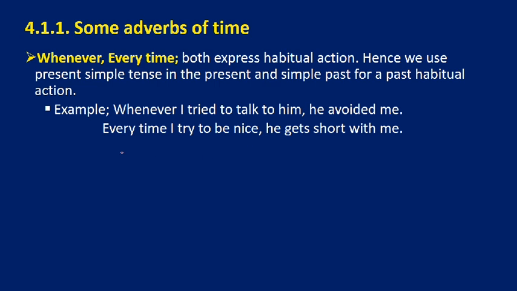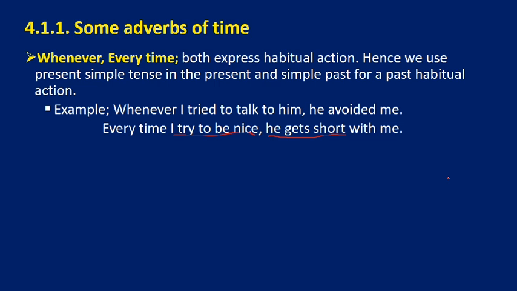And then we have: every time I try to be nice, we have the simple present form of try, he gets short with me. Nice ለመሆን በሞከርኩ ቁጥር ይናደድብኛል እንደማለት ነው.